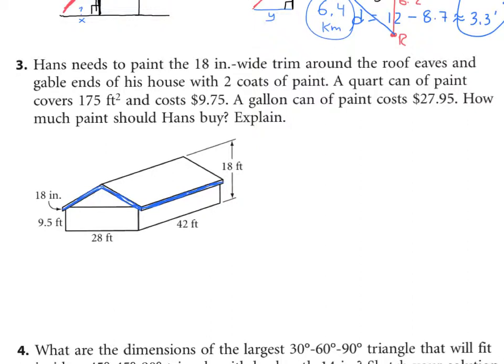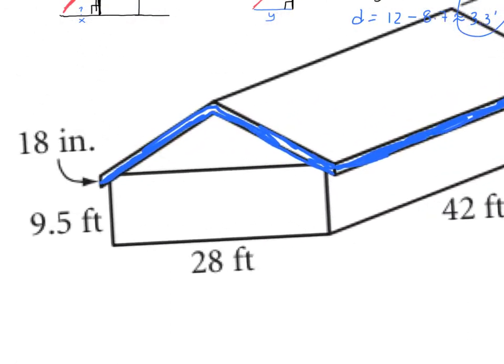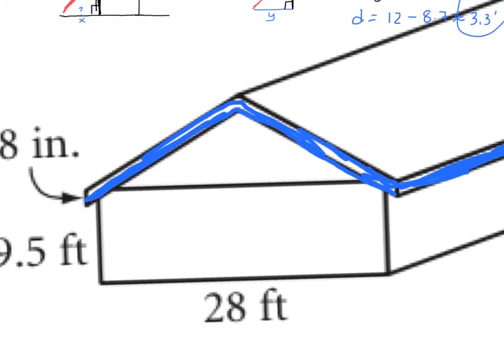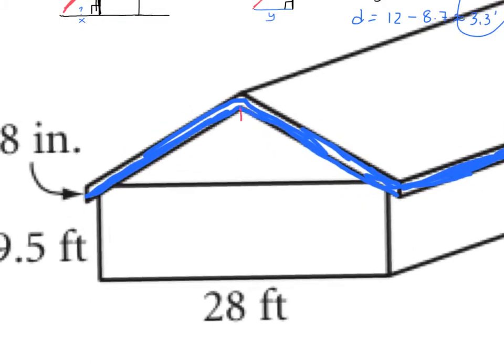All right, so notice that this part's straightforward. We have 42 here, and on the back side, 42. However, we need to find out how long this is right here. So we have to use the Pythagorean Theorem, and this forms a right triangle here.